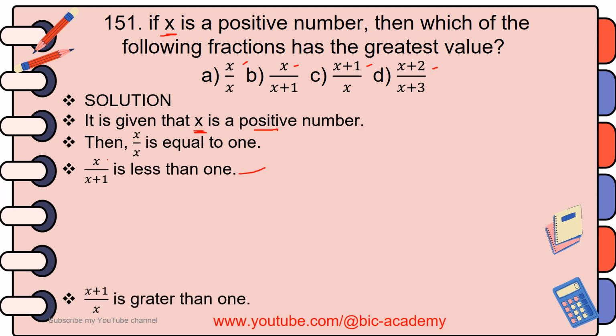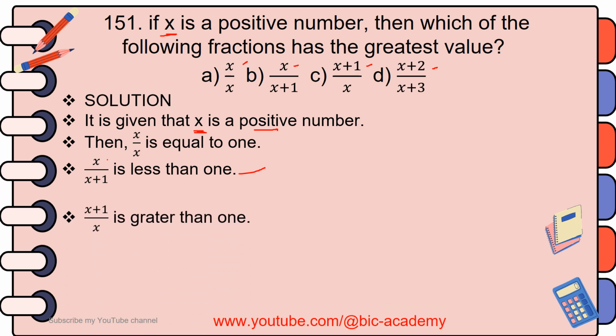Then choice C. You have x plus 1 on the numerator and x on the denominator. So it is clear that the numerator is higher than the denominator. And when the numerator is higher than the denominator, the value of the fraction is greater than 1. Say for example x is equal to 1.